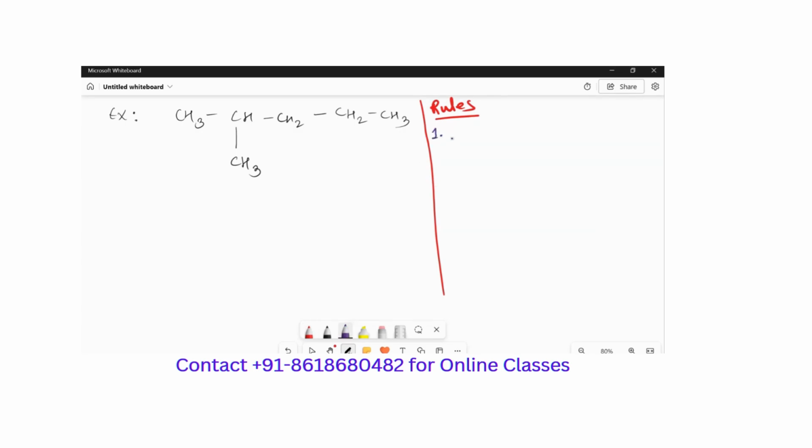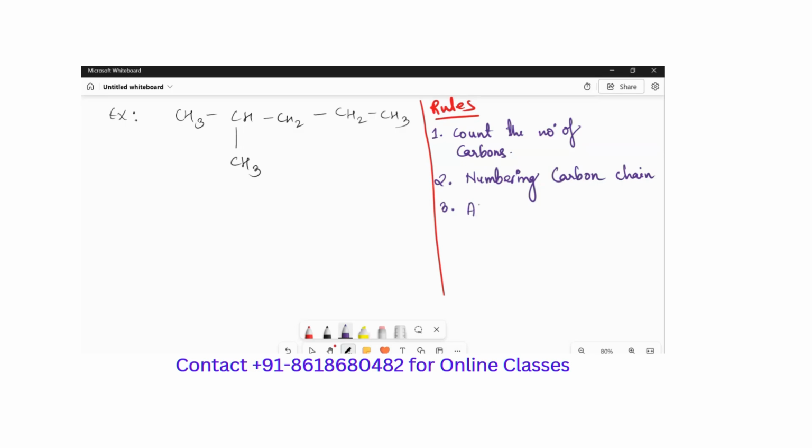So the first thing you have to do is count the number of carbons. After counting the number of carbons, you have to number it. That will be numbering the carbon chain. How are you going to number it? For numbering the carbon chain, you have to look for the alkyl group or functional group. After finding the alkyl group or functional group, you have to assign them the least number possible.